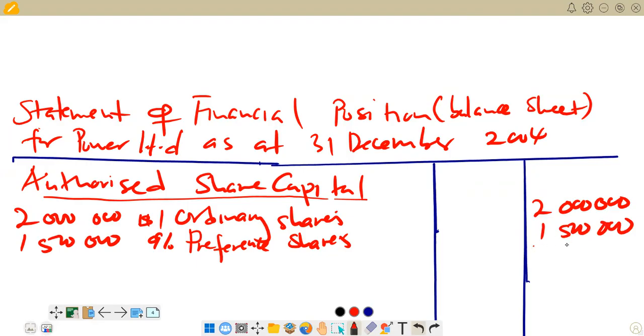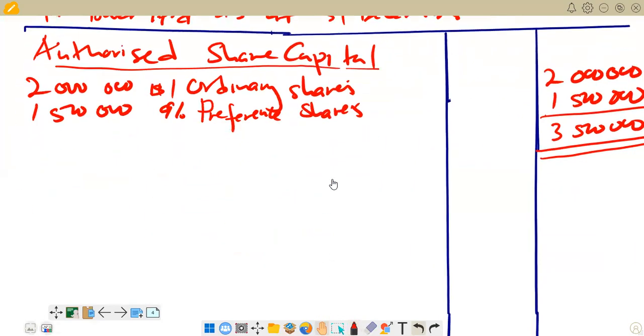And then we add to get the total. Obviously, the total we're going to close it since we are not going to use it down there. We get 3,500,000. So that's what we have there in terms of authorized. Then obviously we move on to issued now.